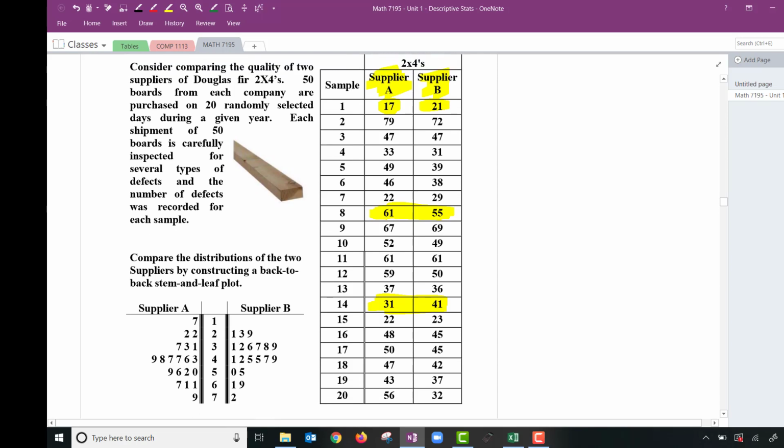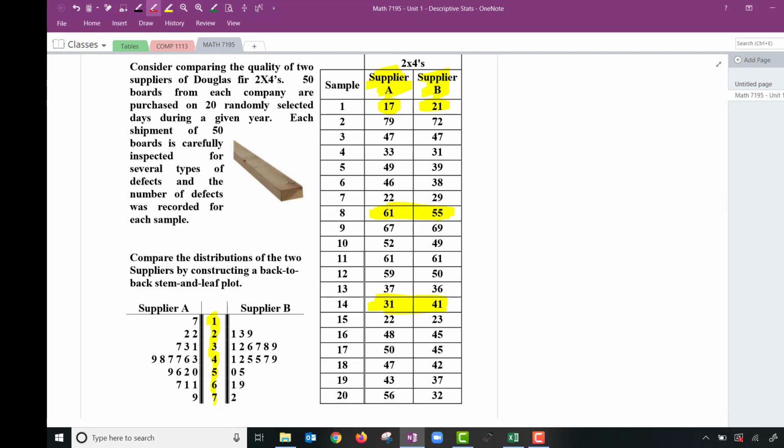Last time we made a stem and leaf plot. This time I made what's called a back-to-back stem and leaf plot. I noticed that the values varied from the teens to the 70s, so I made my stems 1 through 7, meaning 10, 20, 30, 40, 50, 60, 70. Then I populated supplier A and supplier B. I even sorted them as I put them into their respective supplier.